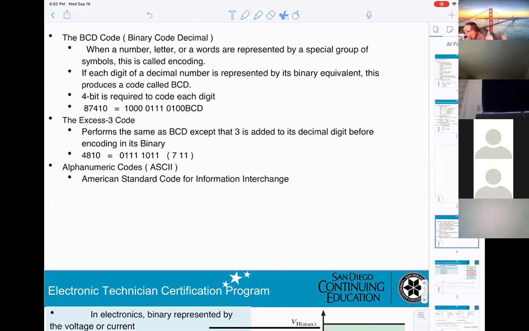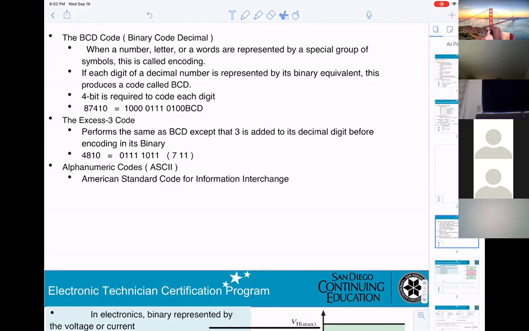If each digit of the decimal number is represented by its binary equivalent, this produces a code we call BCD, binary coded decimal. 4 bits are required to code each digit.